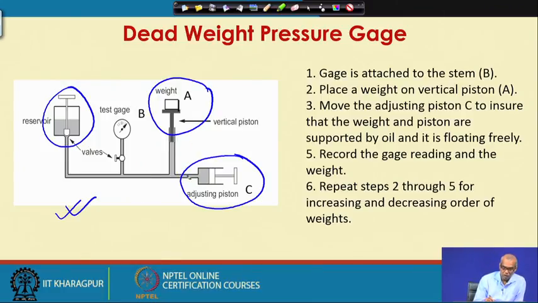So, all are connected and then you attach a pressure gauge here. So, this deadweight pressure gauge or deadweight tester can be used to calibrate a pressure gauge.